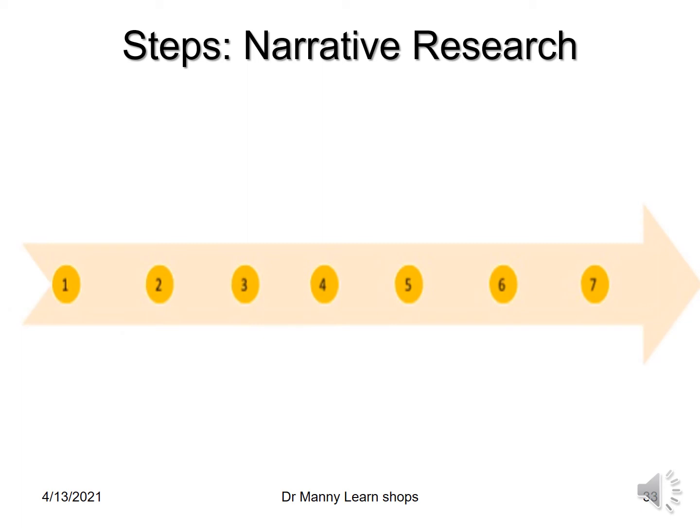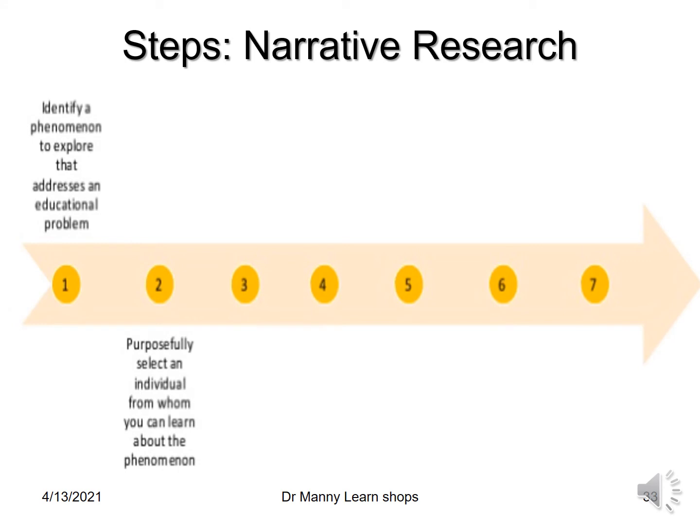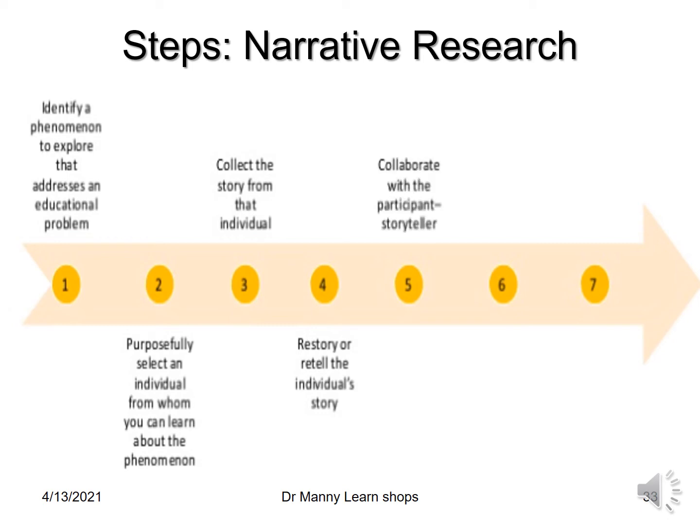So when we look at the steps involved in narrative research, they essentially are to identify the phenomenon, to purposely select an individual who you can learn about the phenomenon from, purposeful sampling, collect the story from that individual, retell the story to the individual that you've just listened to, collaborate with the participant, the storyteller, the narrator, write a story about the participant's experiences, and then validate the accuracy of the report.